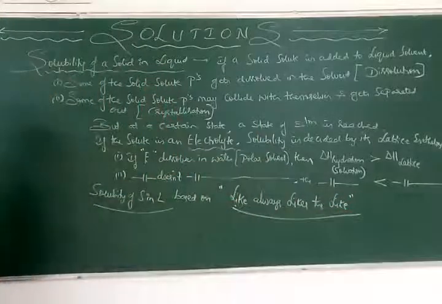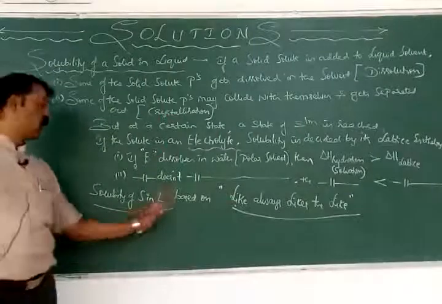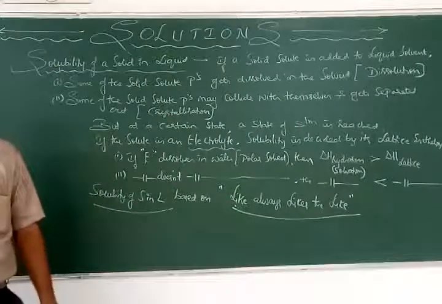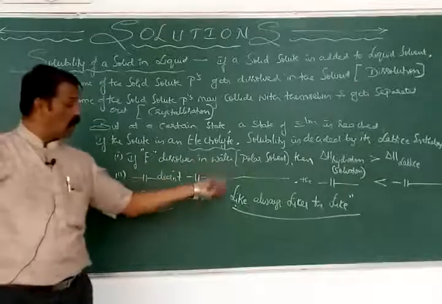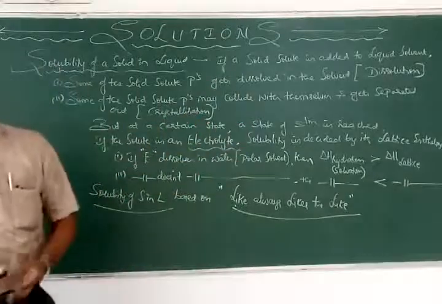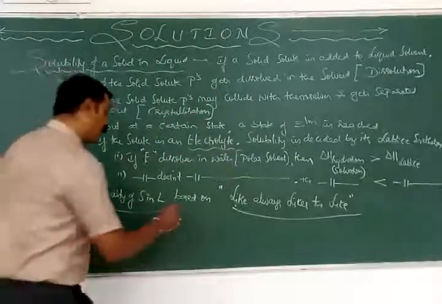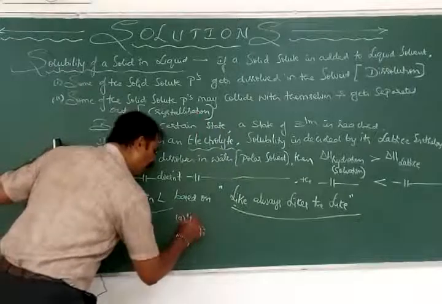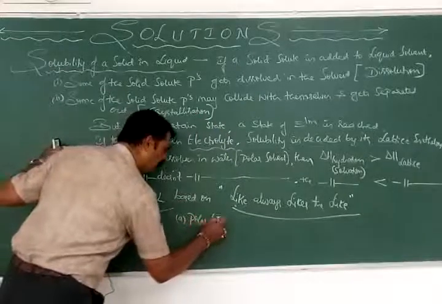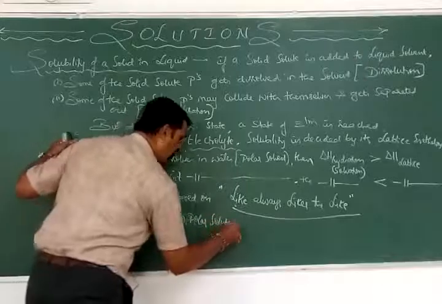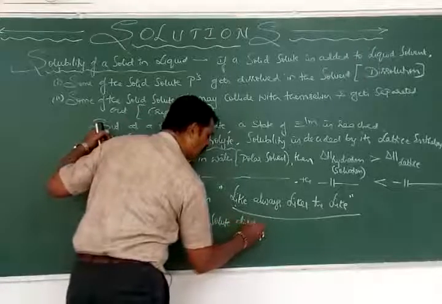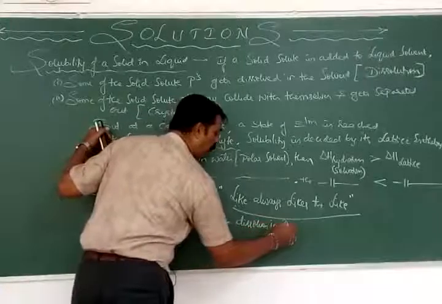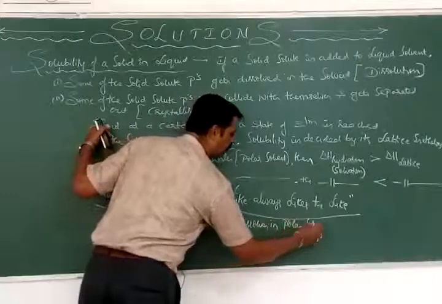This is the main principle behind the solubility of a solid in a liquid. What is the meaning of that here? Like always likes the like. That is, polar solute dissolves in polar solvents.